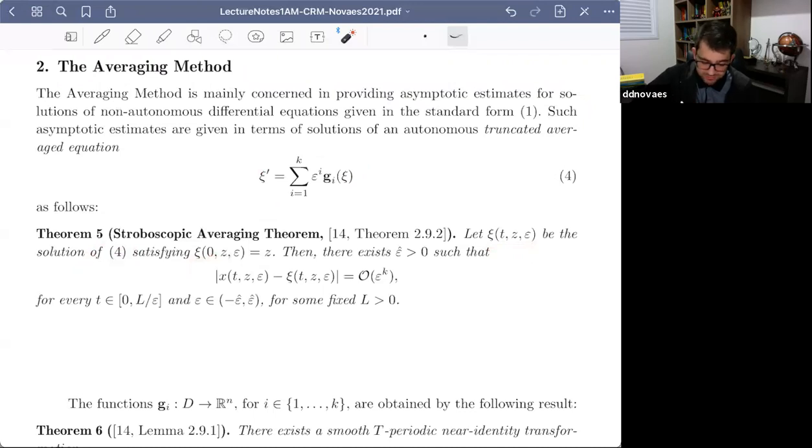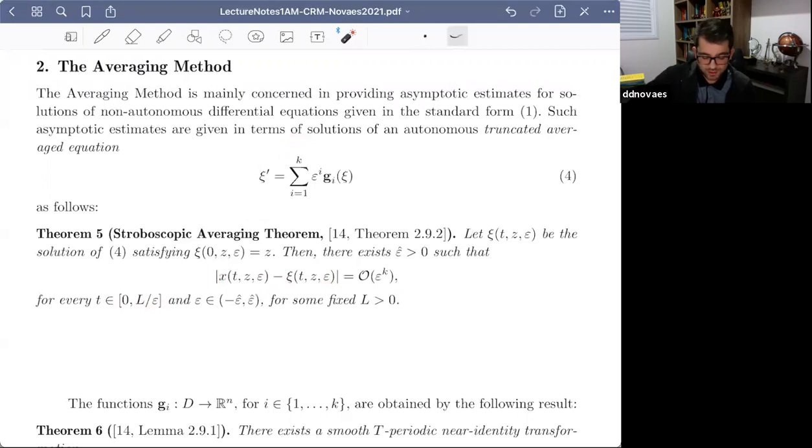Then the result is the following: there exists an ε-hat positive such that the norm of the difference between the solution x(t, z, ε) of difference equation 1 and the solution of this truncated averaged equation is of order ε^k, for every t belonging to the interval [0, L/ε].